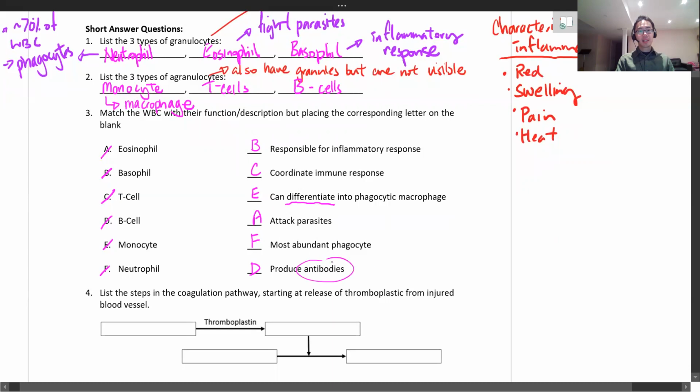Okay, so antibodies, just to refresh your memory, these are Y-shaped proteins, literally shaped like a Y, that fight pathogens. And pathogens can be like bacteria, virus, and so on.